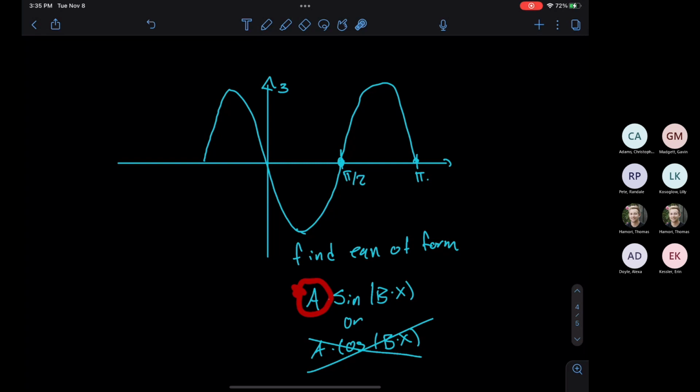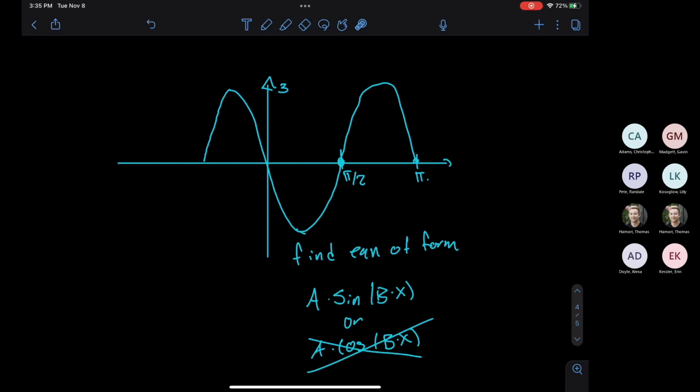Okay, so to that end, what do we see? We see the height of the function goes from -3 up to 3. What do we think a is? 3. Close. It is going to have absolute value 3 because we have moved everything. We basically stretched by a factor of 3.